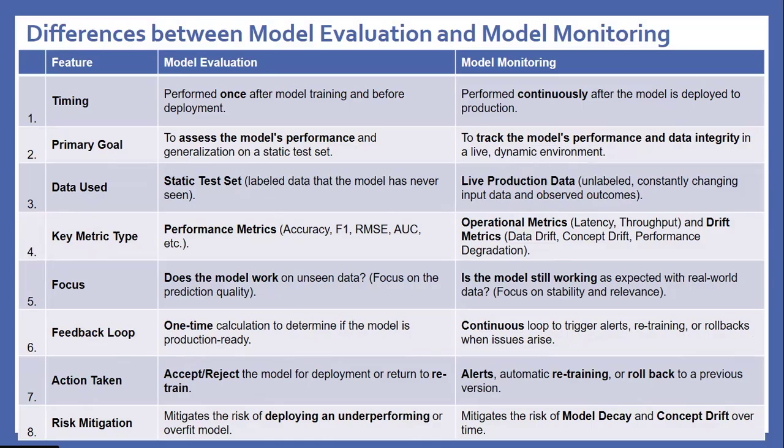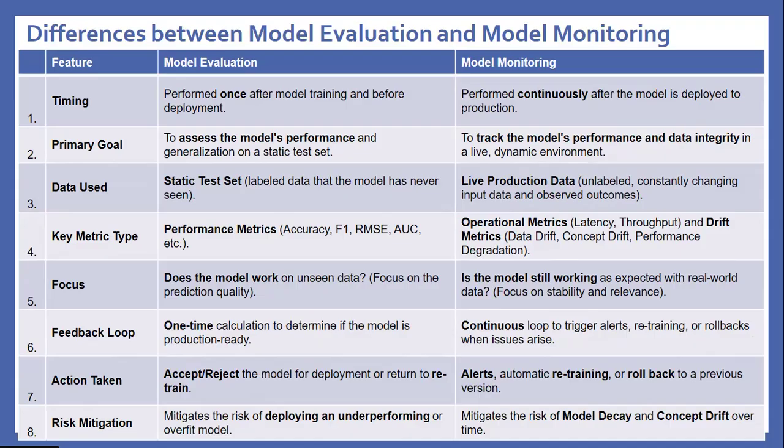Feedback loop: model evaluation, one time calculation to determine if the model is production ready. Model monitoring, continuous loop to trigger alert, retraining or rollback when issues arise. Action taken: model evaluation, accept or reject the model for deployment or return to retrain.